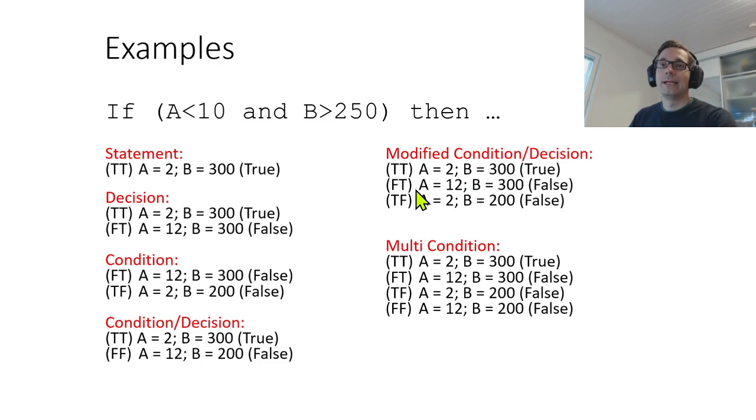In the second one, A is false, so the entire statement evaluates as false, and in the third one, the B part is false, so the entire statement evaluates as false. And to jump from the modified condition decision coverage to multi-condition, we only need to add one more test case. This is so that both A and B are false at the same time.